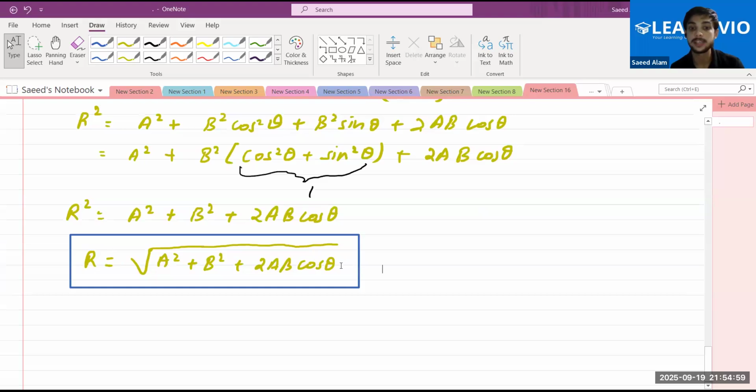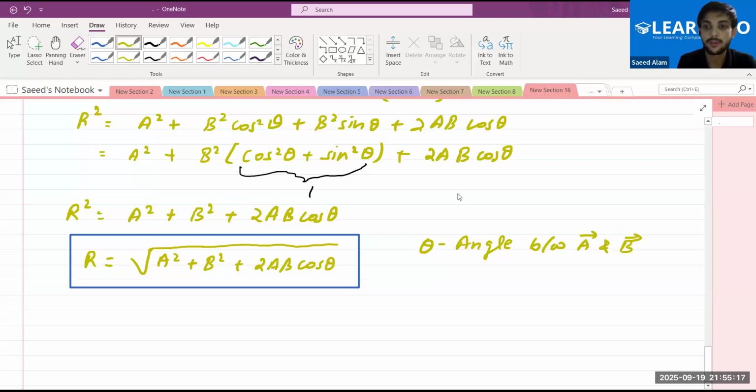In the first case, what was the angle between A and B? Let me specify it over here. What is this theta? Theta is the angle between A and B. Yes or no? Yes. Now you have to solve it with me using the first three cases.